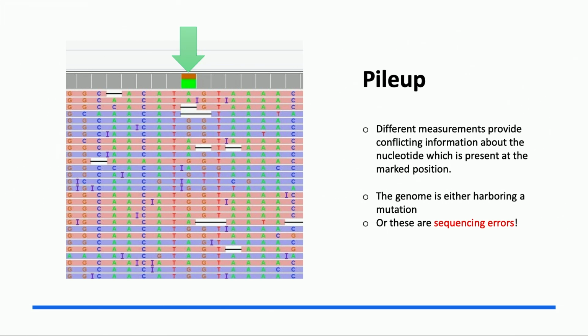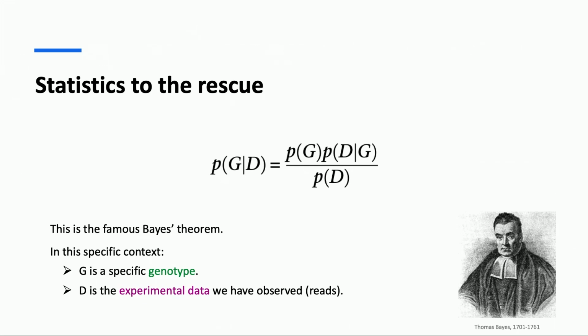So in order to distinguish true signals from everything else, you need some statistics. And you don't really have to think too hard about tools for solving this problem, because you can reach for one of the oldest results developed in statistics, the Bayes theorem that you can find here.